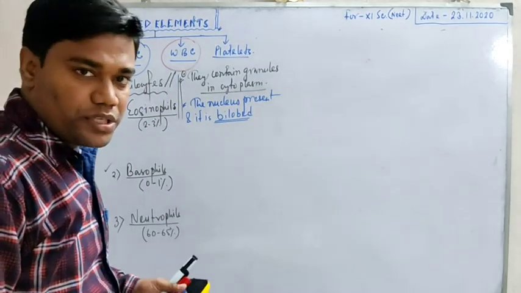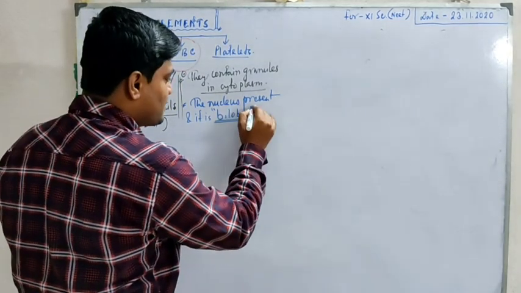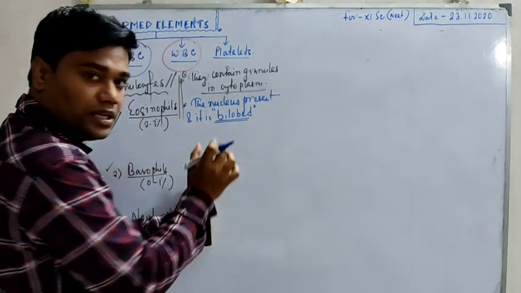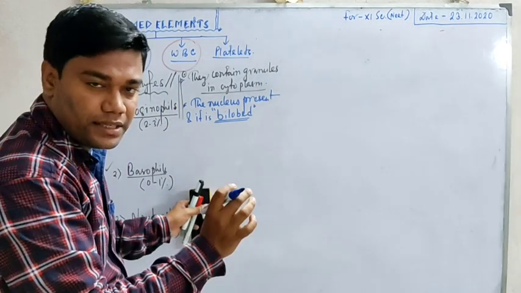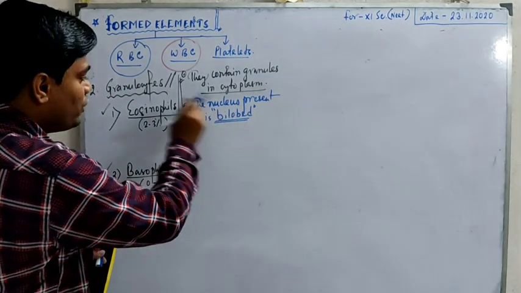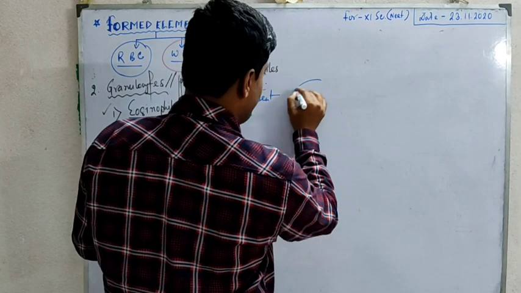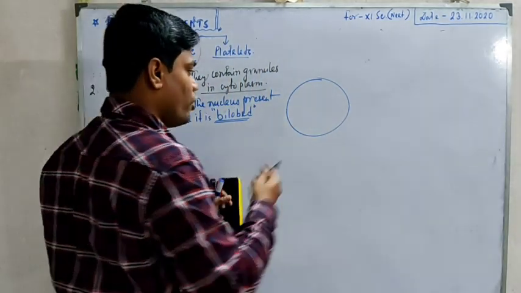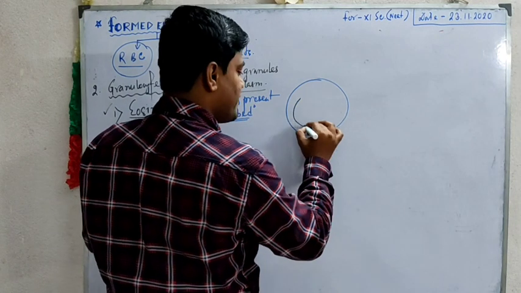Often questions come with a picture, so this structure of the nucleus is important. This bilobed nucleus is the point on the basis of which we draw a picture of eosinophils. This is the picture where the nucleus is bilobed.